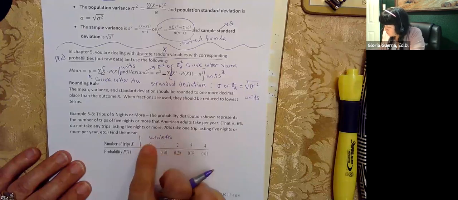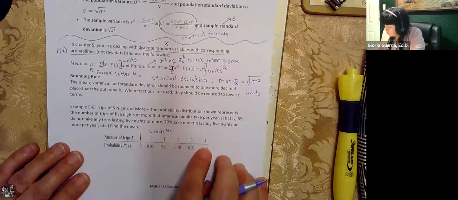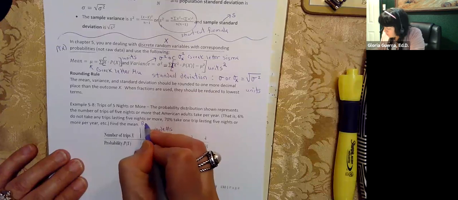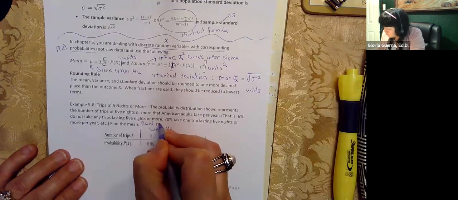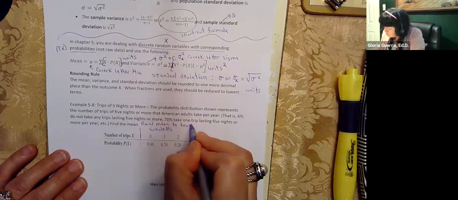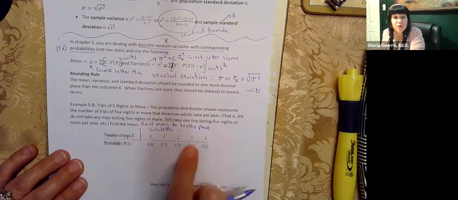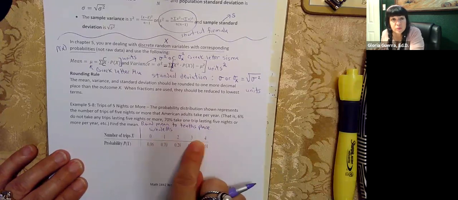These are whole numbers. So if you round one decimal place, you're going to round the mean to the tenths place. One decimal place beyond how this is listed.